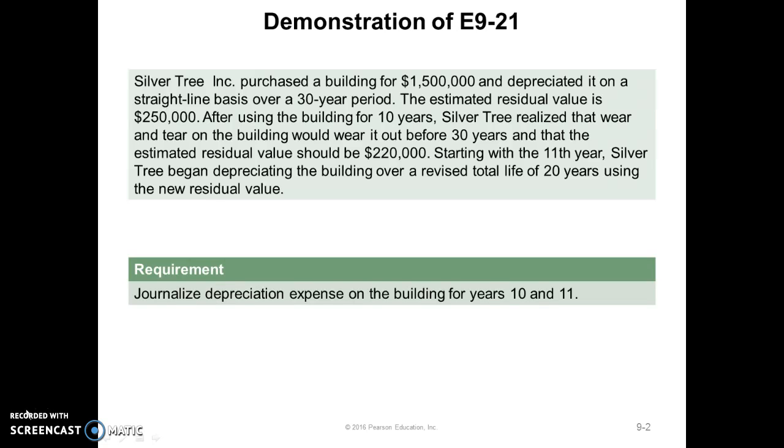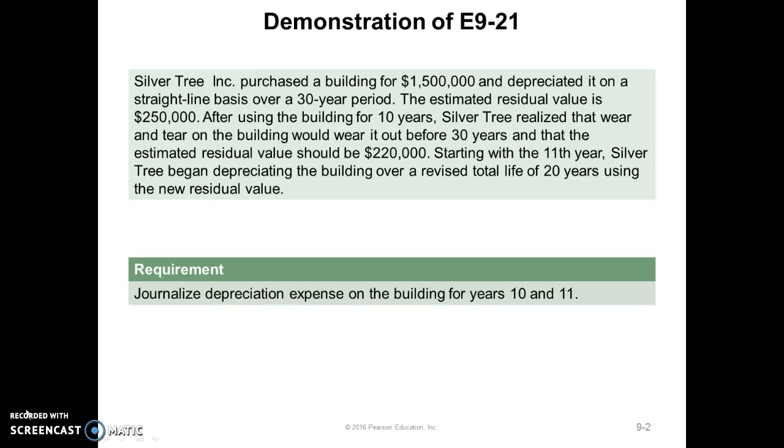And then it says after using the building for 10 years, Silvertree realized that wear and tear on the building would wear it out before 30 years and that the estimated residual value should be 220,000. So we're going to change the scope of things, saying that it's going to depreciate faster than the 30 years, and also we figured out it's going to have a new residual value of 220,000.